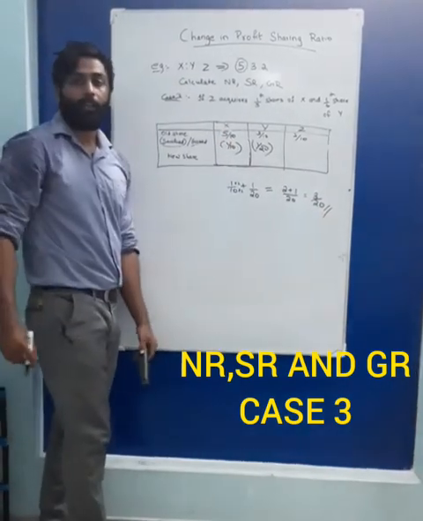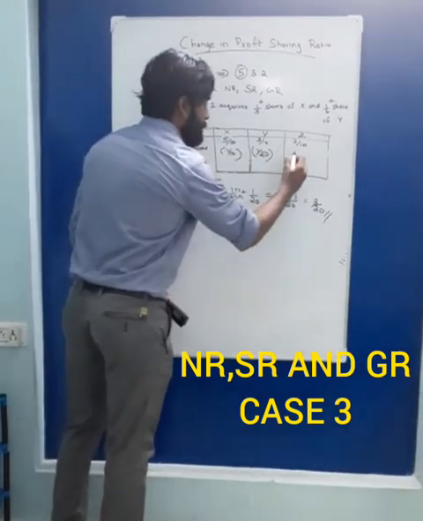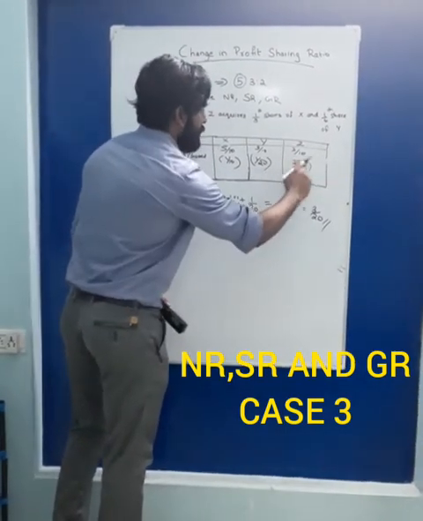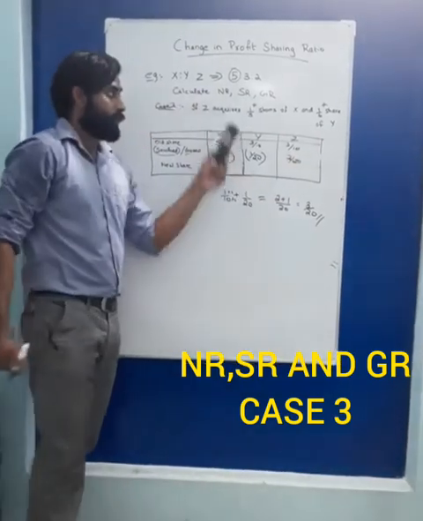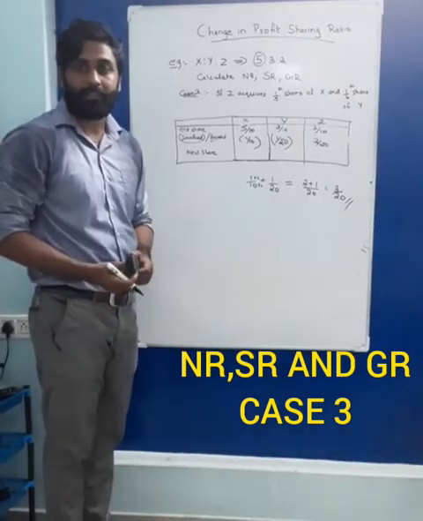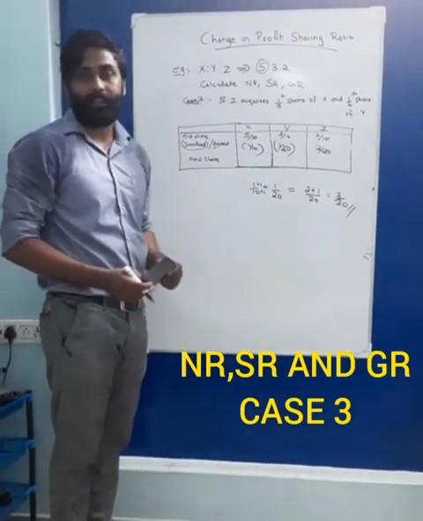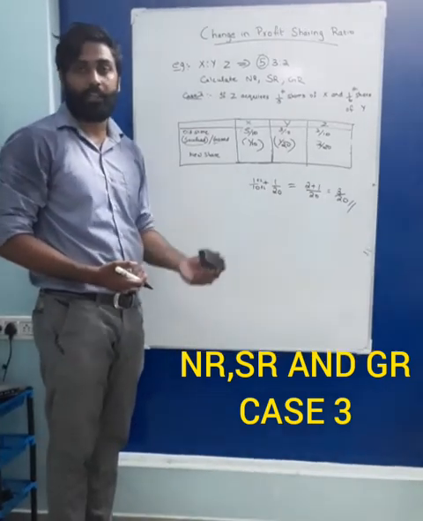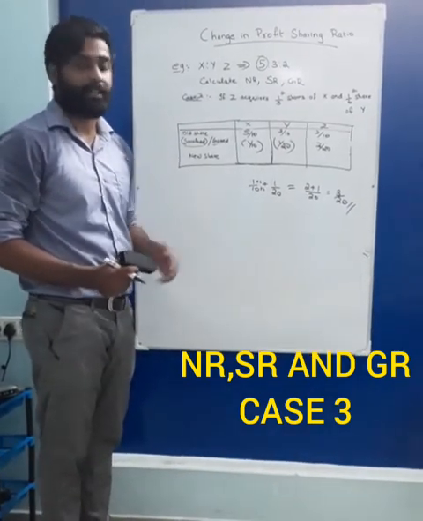He totally got 3 by 20 shares from X and Y. So, when 1 by 5th share of X and 1 by 6th share of Y is given, we have to calculate like this. This is the sacrificed share or gaining share of X, Y and Z.